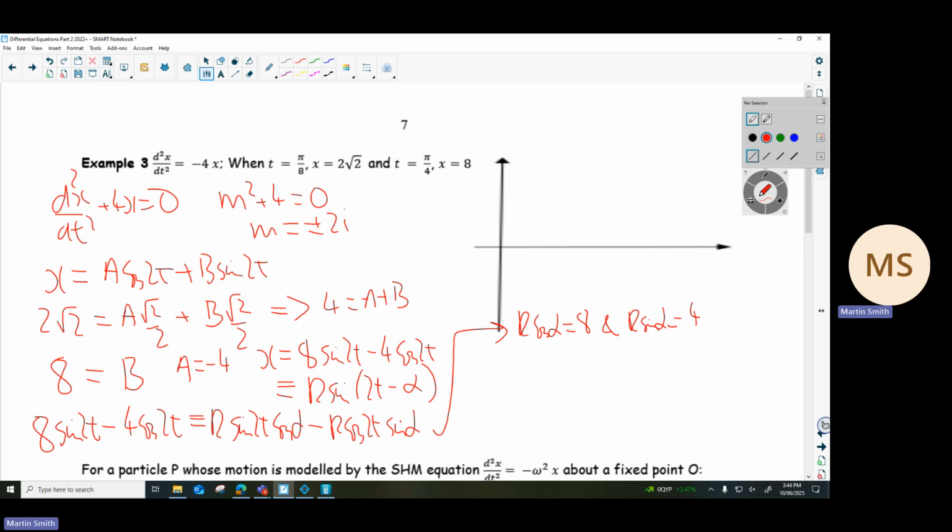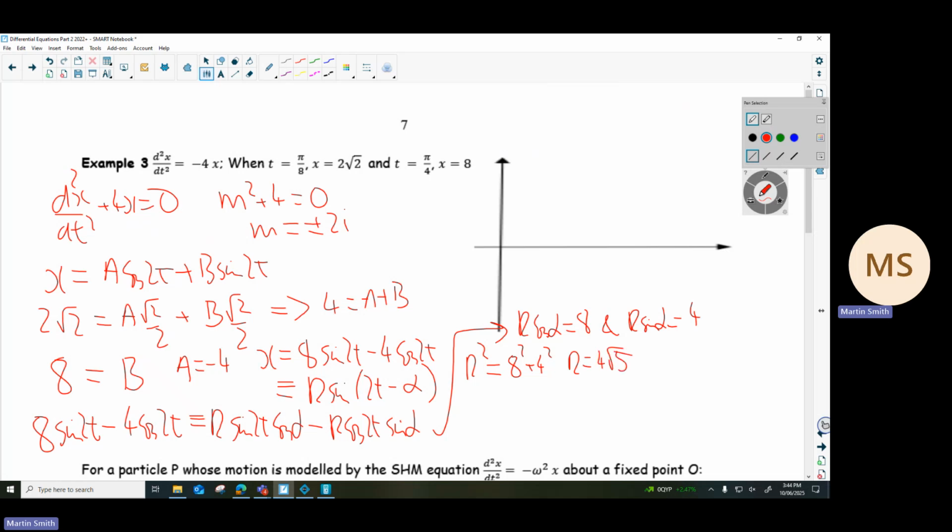That's by comparing coefficients. If you square them and add them, you get r squared, because cos squared plus sine squared is 1, is 8 squared plus 4 squared. So r turns out to be 4 root 5.